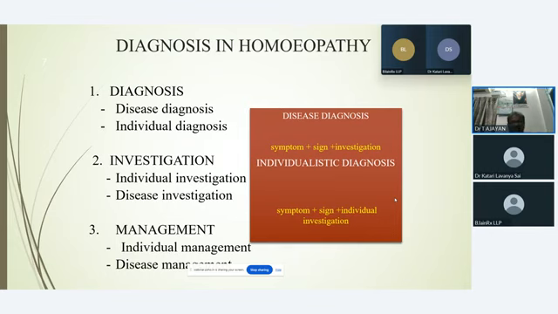Remedy reaction, the primary action of a drug, the secondary action of a drug, all these come under individual investigation. After administration of a remedy, a good homeopathic doctor works out whether the medicine is producing any of these findings or not. That is under individual investigation.